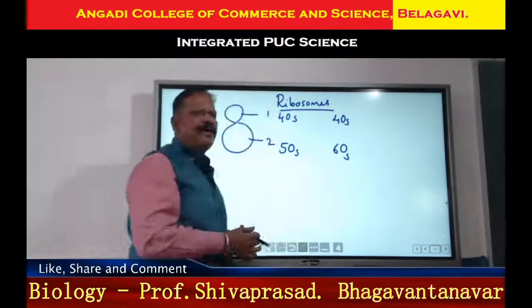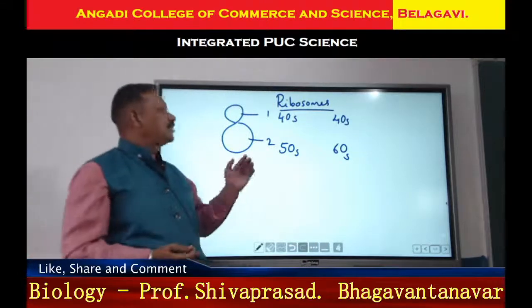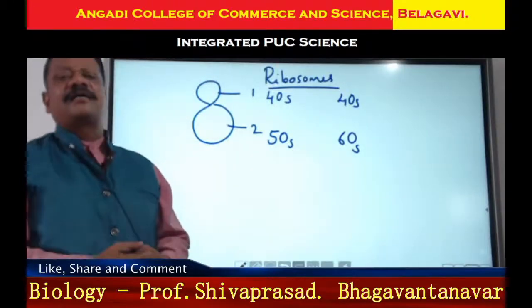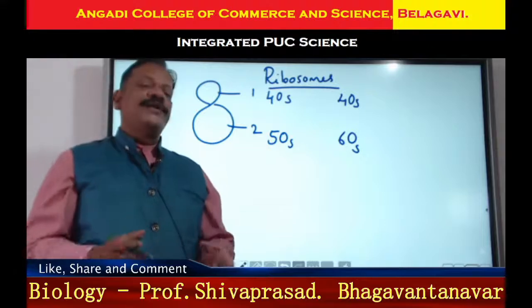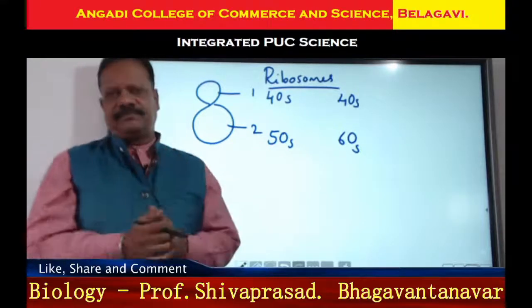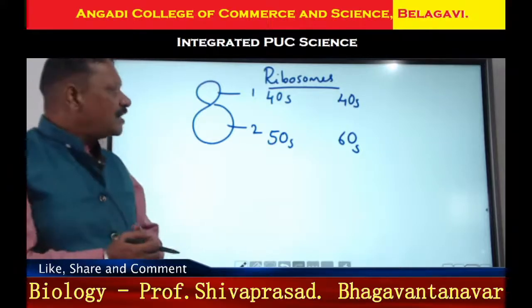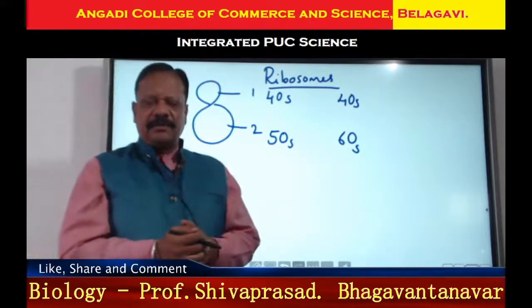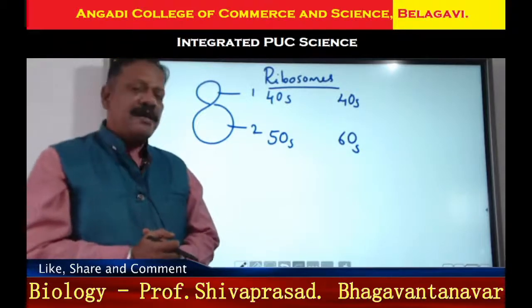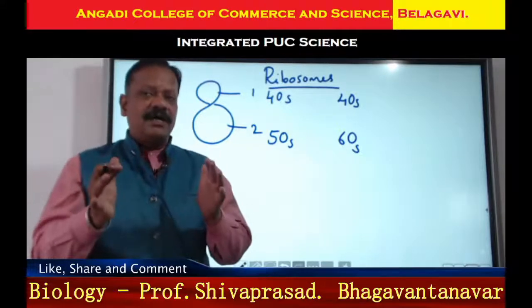You may ask me, sir, why are you writing this 40S, 50S and 60S? These are the units which were found by Svedberg. Because of Svedberg, his initial letter S is used here, and we are calling it the Svedberg unit.